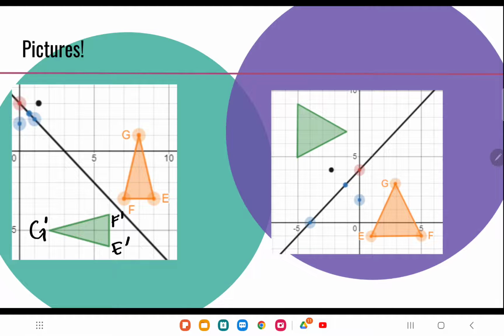Similarly here, we have G prime, E prime, and F prime. You'll notice that in these reflections, lines that were horizontal now become vertical and vice versa.